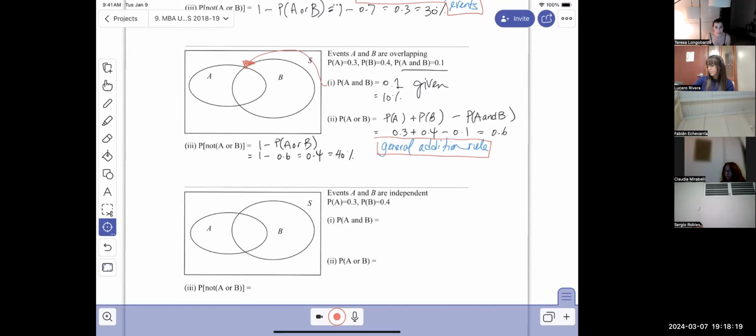So an example of independent events would be consecutively flipping a coin. From one flip to the next flip, the chance of seeing, let's write it down a little bit here.